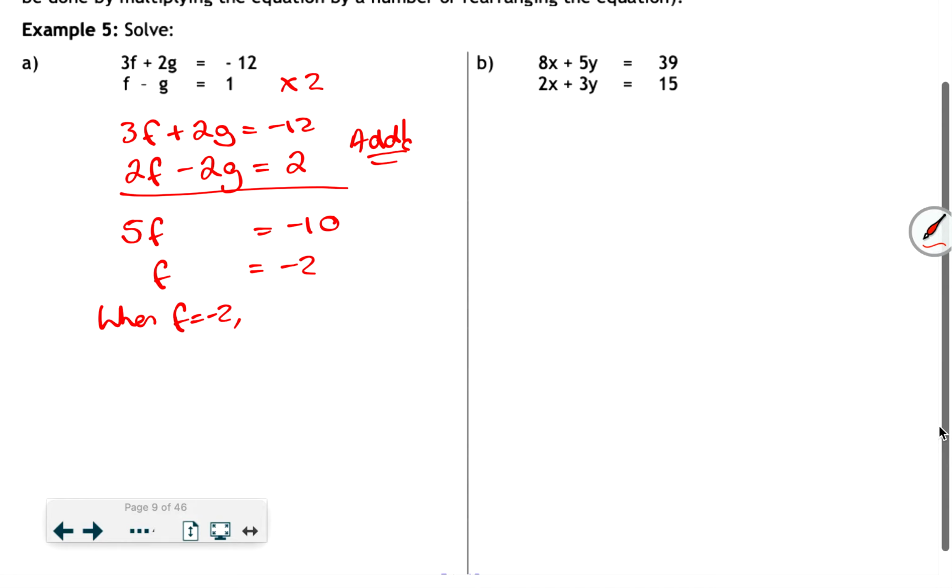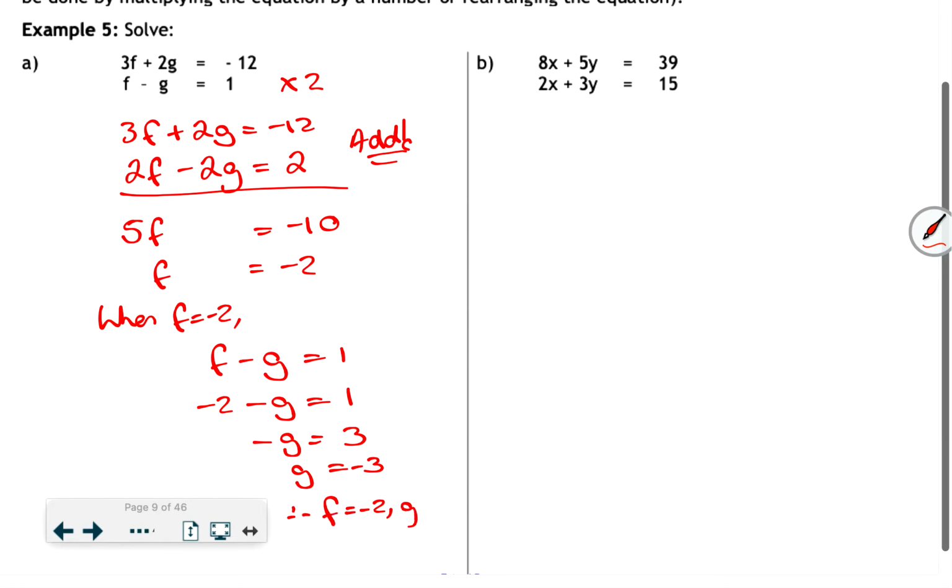So into f minus g is equal to 1, it's going to be minus 2 minus g is equal to 1. So minus g is equal to 1 plus 2, which is 3. So g has to be minus 3. Therefore, f is equal to minus 2, g is equal to minus 3.